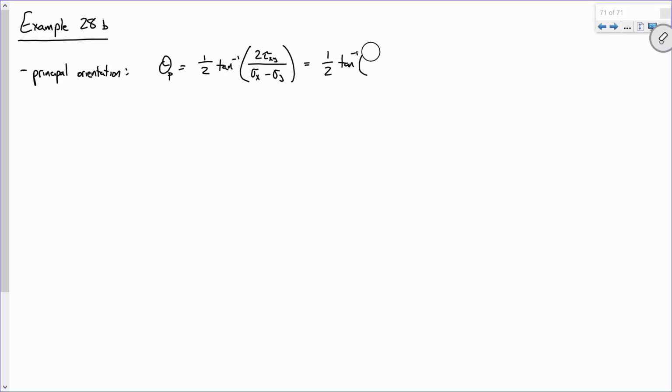Oh, you know what? Let me throw brackets in here. All right, on the bottom, we've got sigma x minus sigma y, so 6 plus 10. And then on the top, 2 times negative 5. So we're clear on that. That's going to be 1/2 times inverse tangent of, what is that, minus 10 over 16.